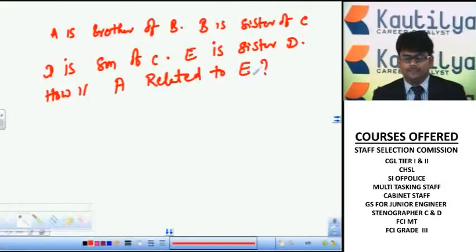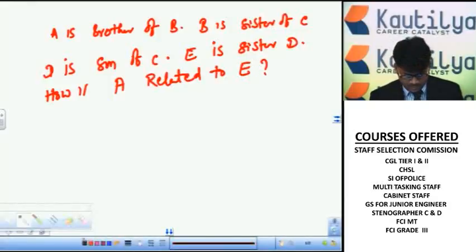Okay, clear? First, we have to read the data. A is brother of B, B is the sister of C, D is son of C, and E is the sister of D. How is A related to E is the question.